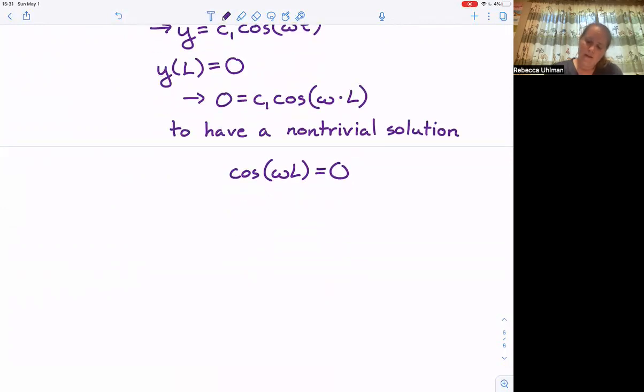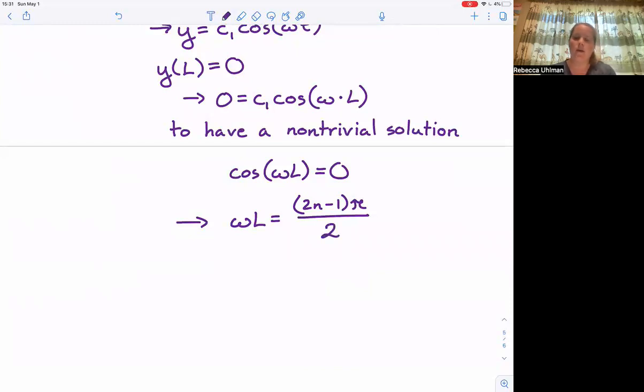So this means then that we have omega times L should be equal to 2n minus 1 times pi over 2. Again, that's the odd multiples of pi over 2. So we get that omega should be 2n minus 1 times pi over 2L.